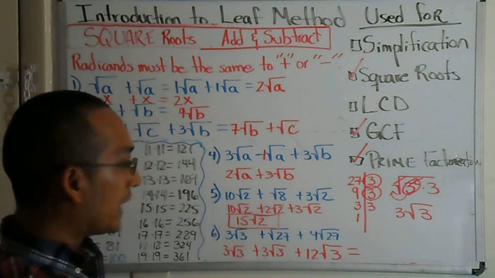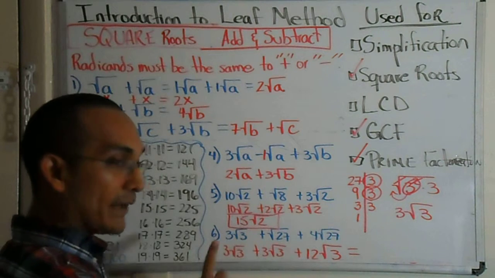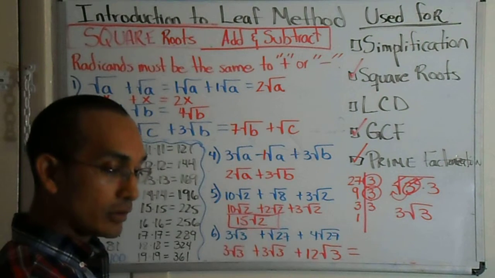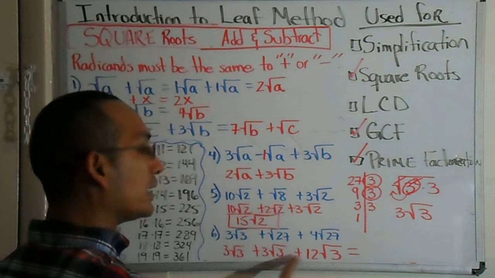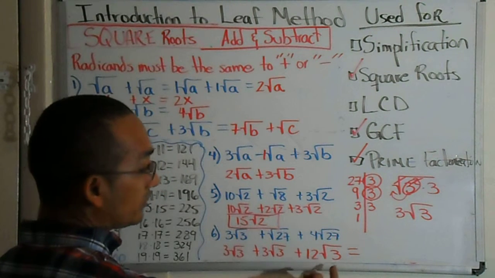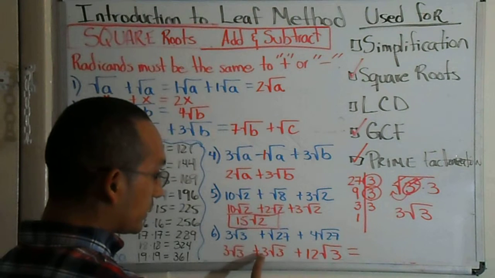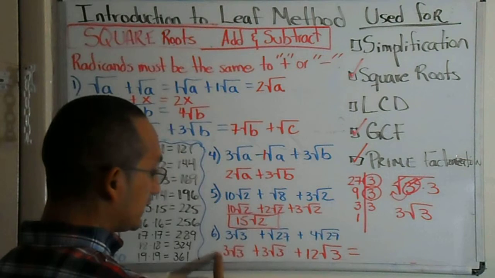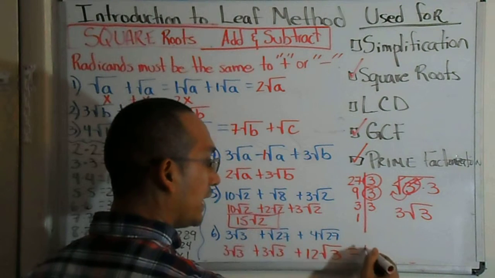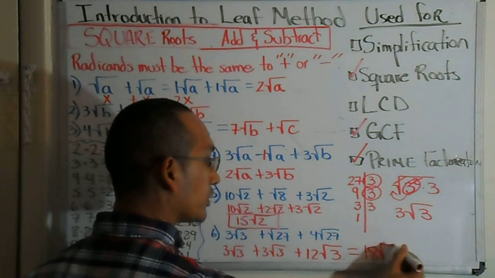Therefore, you have to look at the radicands and simplify until you have the lowest terms. Here you have square root of 3, square root of 3, and square root of 3. Because you have the same radicands, you can add the numbers in front. 12 plus 3 is 15, 16, 17, 18. So you have 18 square root of 3.